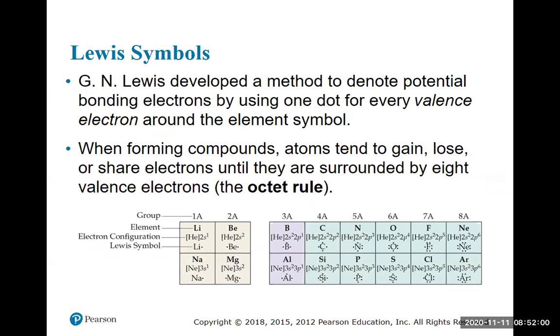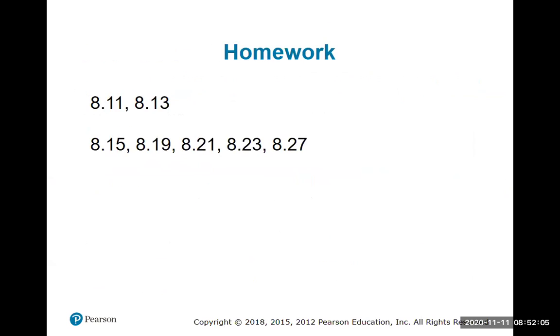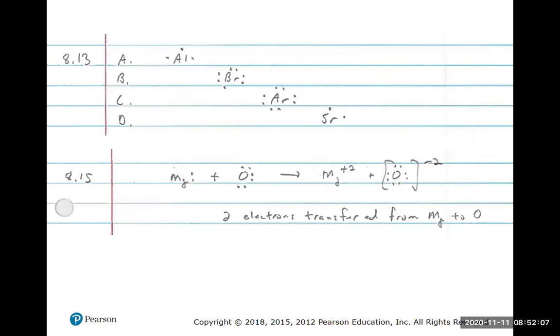From that, we would know that there are three dots, or 3 valence electrons, that we would put on there. Bromine is a 7A element, so we would put 7 around that. Argon's 8 and strontium's 2. So pretty straightforward. The key thing is remembering that you need to look at the periodic table, see which of those groups it's in, 1A, 2A, on down the line through 8A, and start by putting that many dots around it.